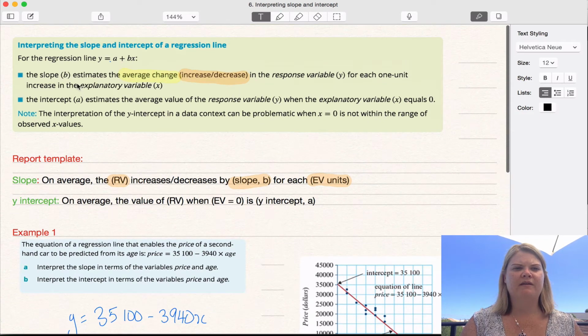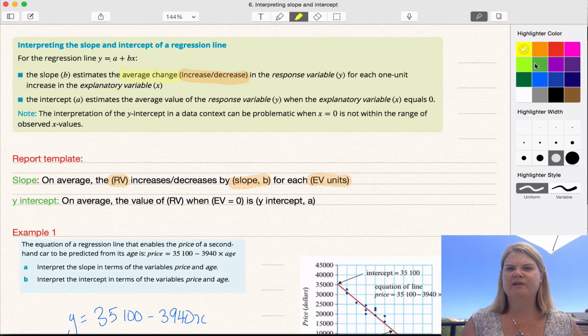Having a look at the intercept. So we're going to do a very similar thing to interpret the intercept. The intercept estimates the average value, so again it's an average amount of the response variable when the explanatory variable equals 0.